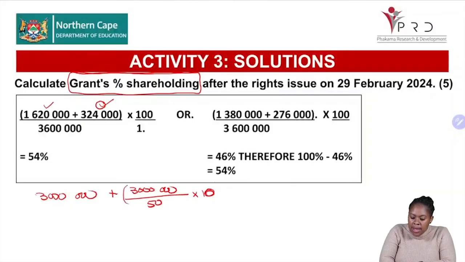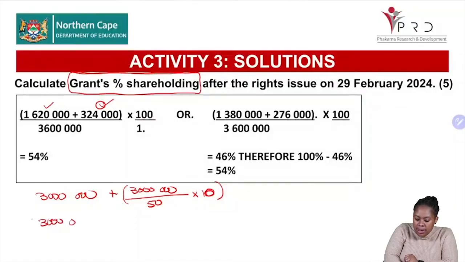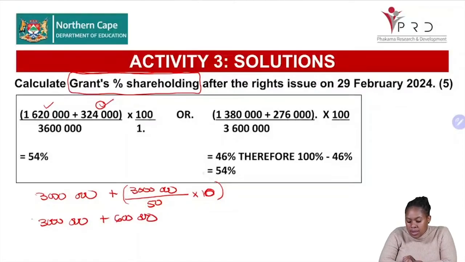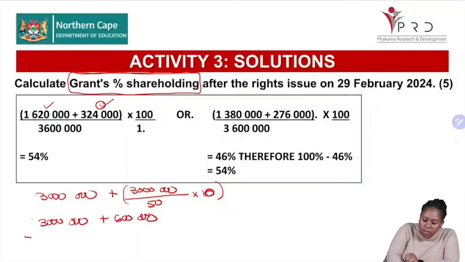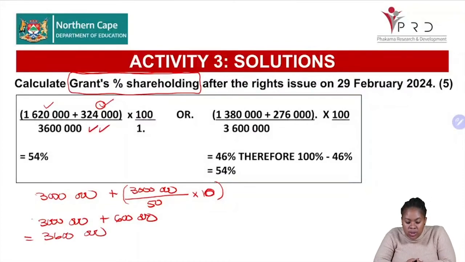So in this calculation, you get 3 million plus 600,000. This gives me 600,000, and then we get our 3,600,000. So that is 2 marks, grade 12s.